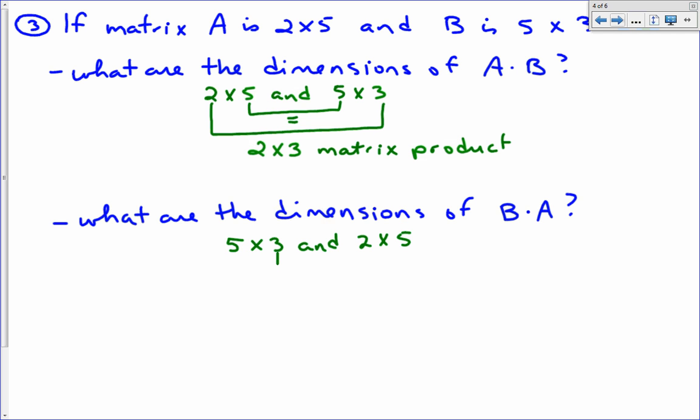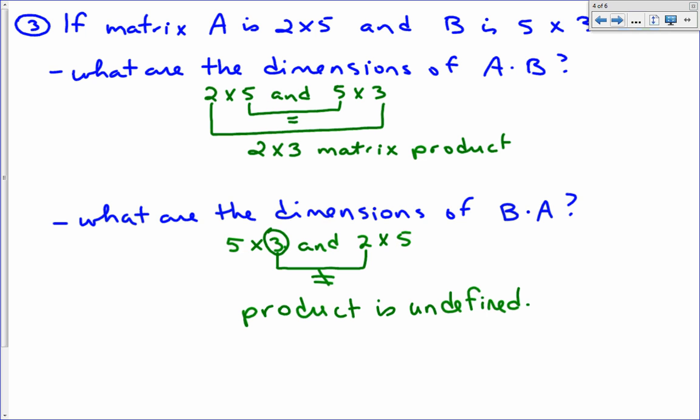Notice that the columns of B do not match the rows of A. They're not equal, so actually the product is undefined. We cannot multiply those together. We can only multiply matrices where the columns of the first one are equal to the rows of the second one.